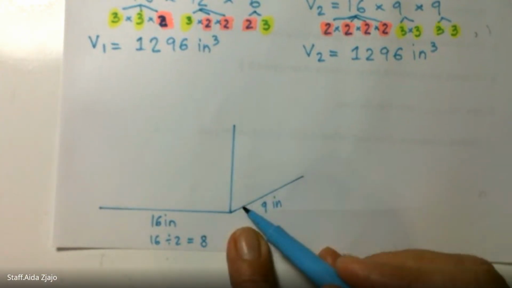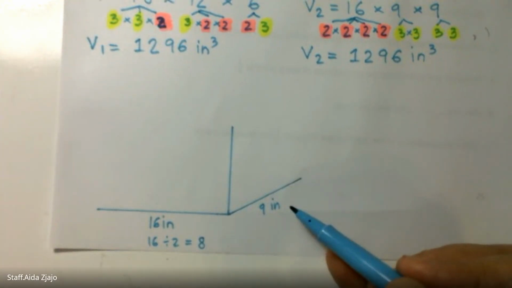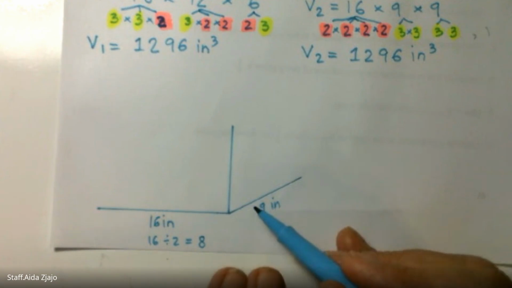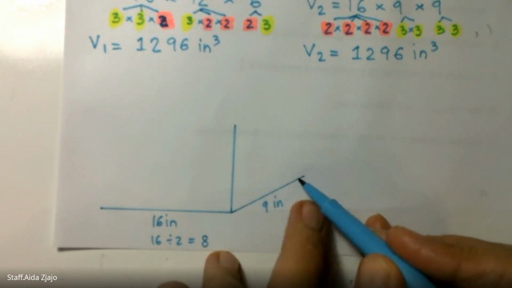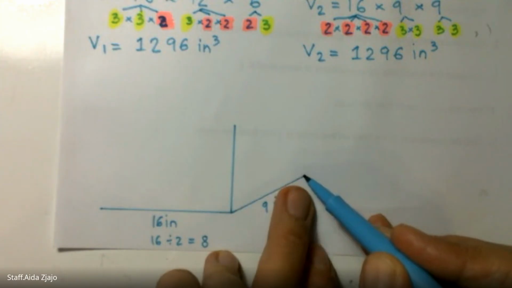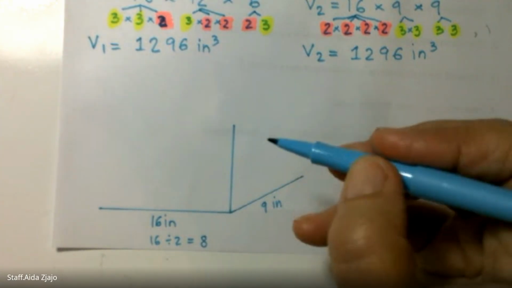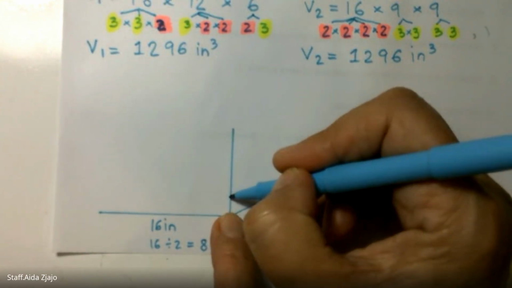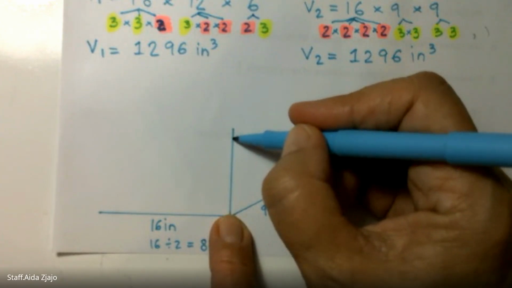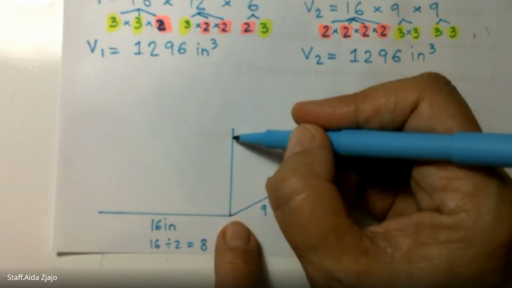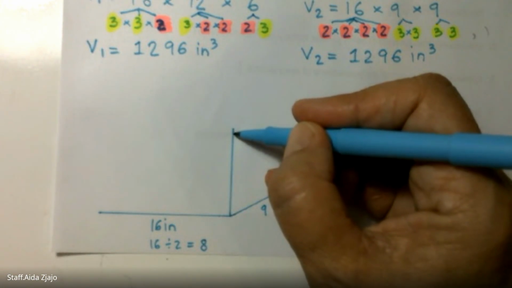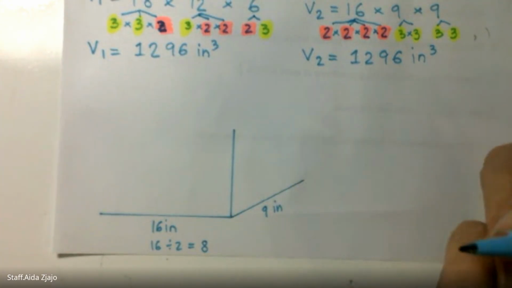But if you try to think about 9, it's not divisible by 2, so you can do 4 cubes, but 1 inch will be extra. The same thing will happen in the height, because if you take 2, 4, 6, 8, you will have 4 layers of 2-inch cubes, and 1 inch will be extra.